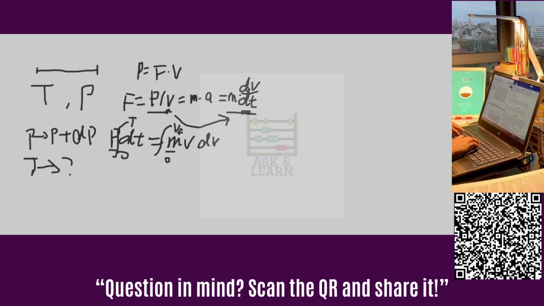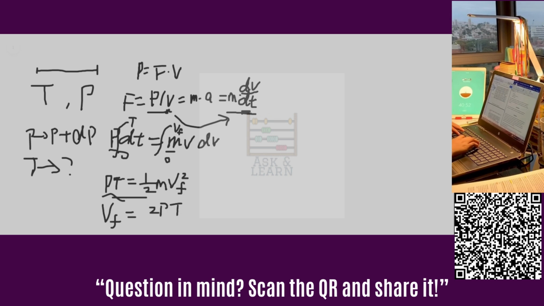On the left hand side, the integral range is from 0 to capital T. On the right hand side, the integral range is from 0, because initially there is no velocity, and the final velocity we do not know yet, but we just assume this is Vf. So after performing this integral, we have P capital T equals half m times Vf squared.